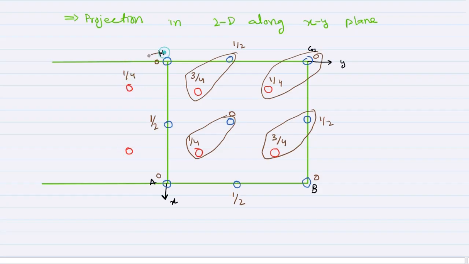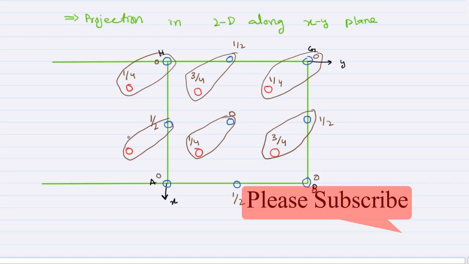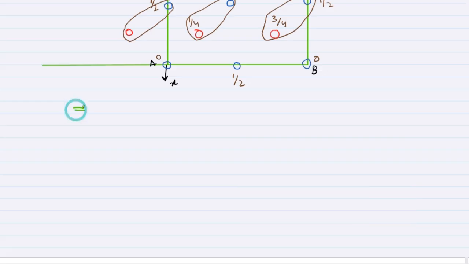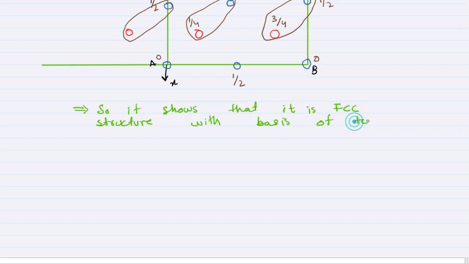So we can associate this to this one, and similarly this one to this. So we can extend the whole structure in this manner, which indicates that we have bases of 2 carbon atoms. So it shows that it is FCC structure with bases of 2 atoms.